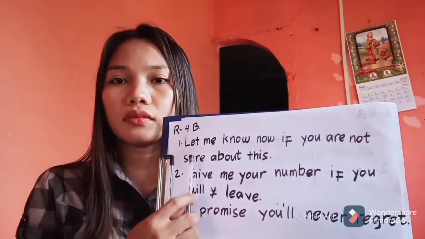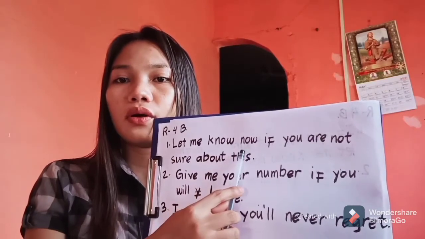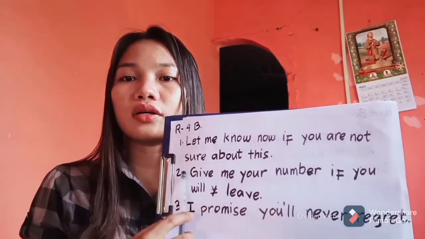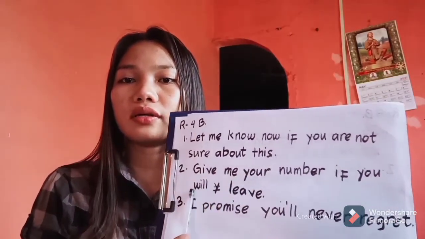Another rule, 4B. A comma is usually unnecessary when the sentence starts with an independent clause and is followed by a dependent clause. For example, let me know now if you are not sure about this.